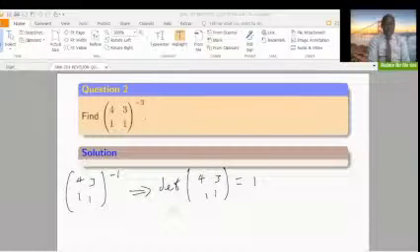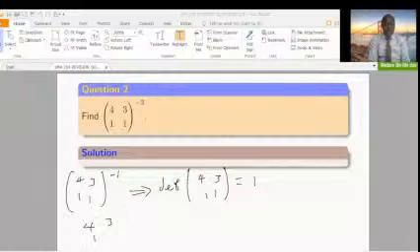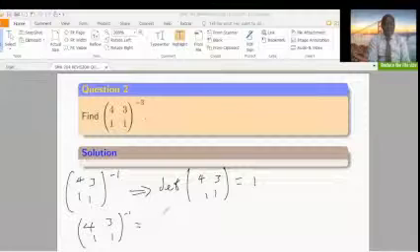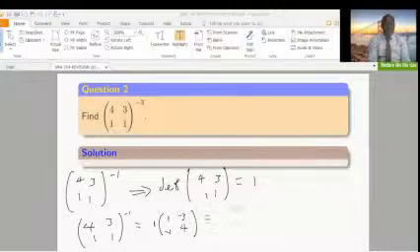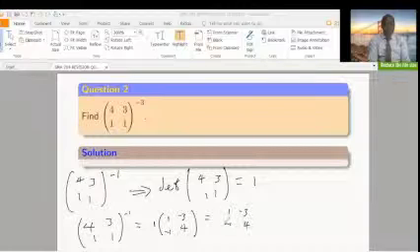So that means the inverse of the matrix 4, 3, 1, 1 will be 1 over the determinant, which is 1 over 1, multiplied by the adjoint of this matrix. And the adjoint of that matrix, just reverse the elements of this diagonal and change the signs of the elements in this other diagonal. So this will be -1, -3. So when you do that, what you then get will be 1, -3, -1, 4. So this is the inverse of the matrix here.